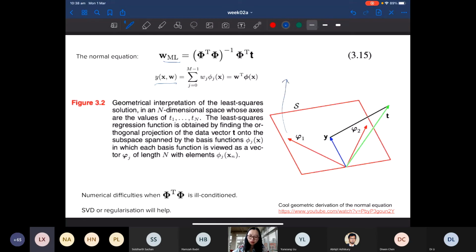this phi1 is essentially the first feature function on the first data point, a vector of the first features on the second data point, and so on, phi of x. So what happens here is that we look at the n-dimensional space spanned by these feature functions.